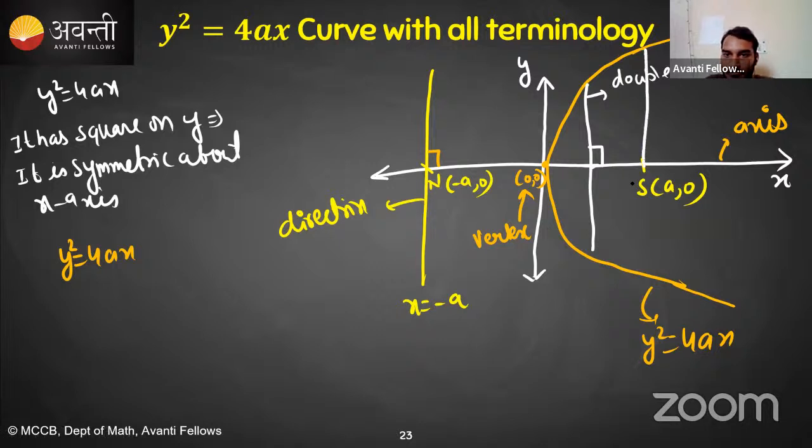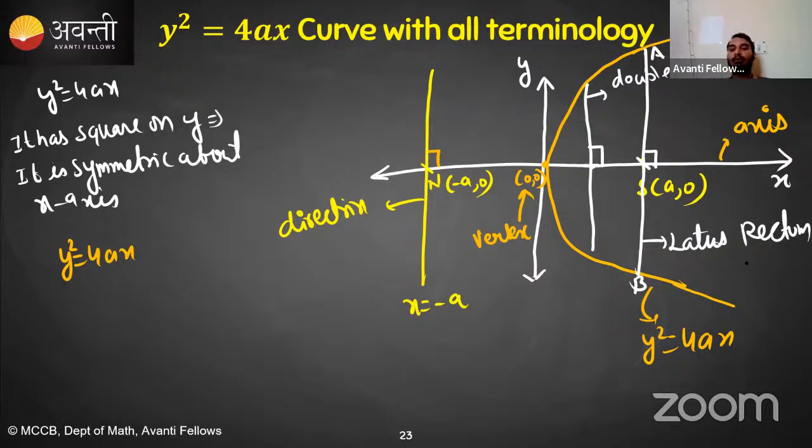Now let's see one more chord. This chord, let's call this AB. This chord is a chord which is perpendicular to the axis and also passing through the focus. So ऐसी एक chord which is perpendicular to the axis of the parabola but also passing through the focus, that is latus rectum.